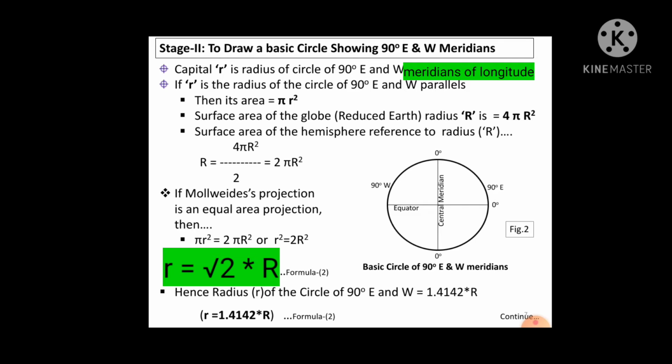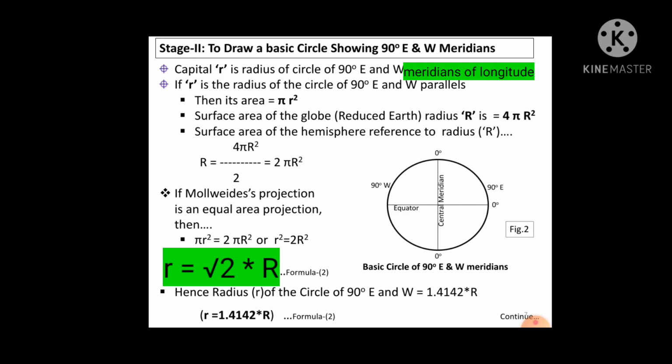Actually, sorry, there should be the meridian. The 90° east and 90° west meridian should be the half of the hemisphere. Okay, so that is why you have to find out the small r, that is the radius of the basic circle.